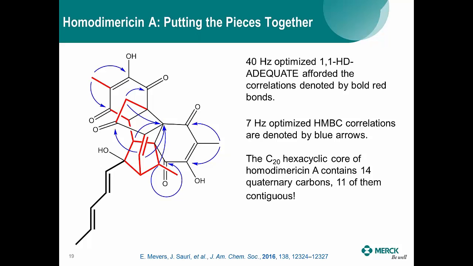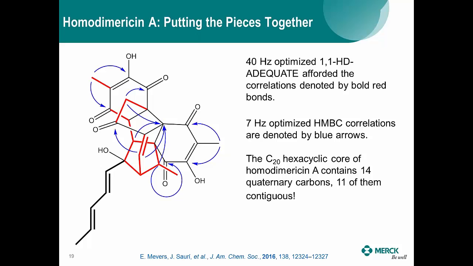So this is a very challenging structure from the NMR point of view. But the point here is, again, the 40 Hz optimized 1,1-ADEQUATE provided key carbon-carbon connectivities that make things much easier for us in order to get to the final structure.